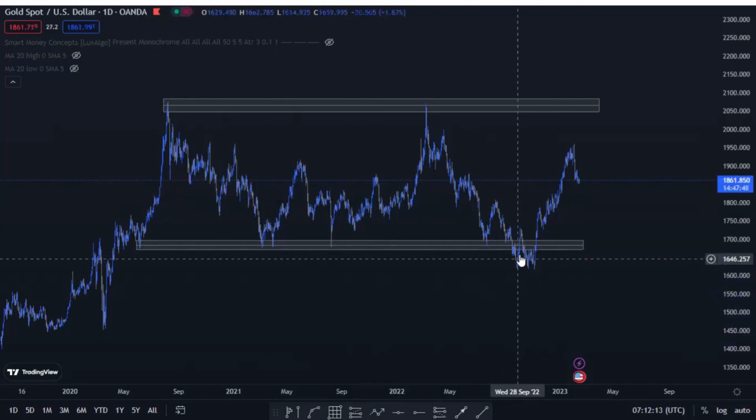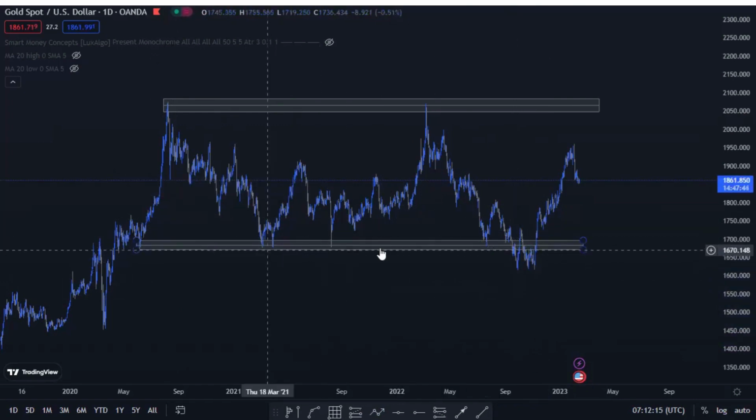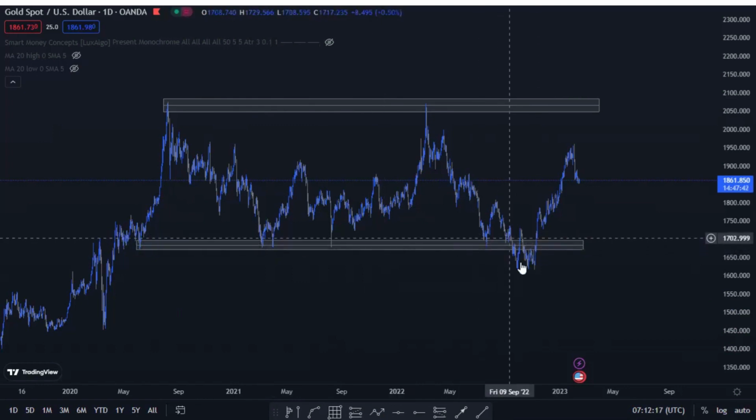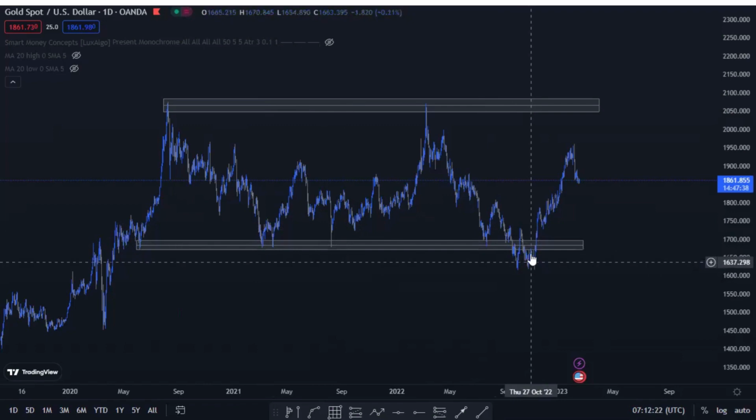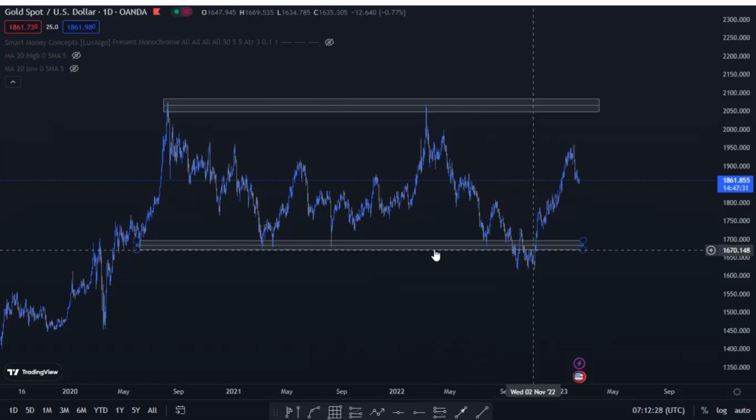Price broke out, failed to hold as resistance, and went back into the range, broke out again, still failed. The buyers were strong, and there were a lot of buyers on this level, which is the reason why price didn't sell after breaking out.